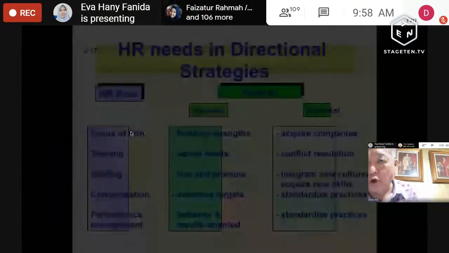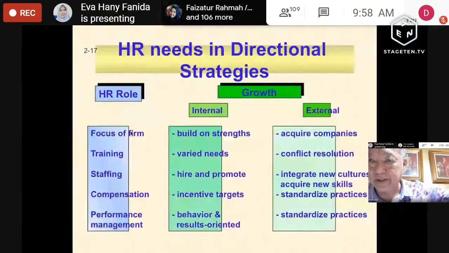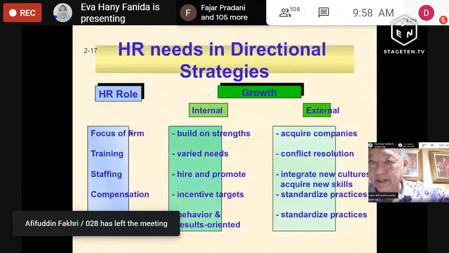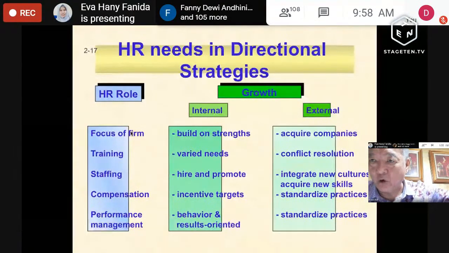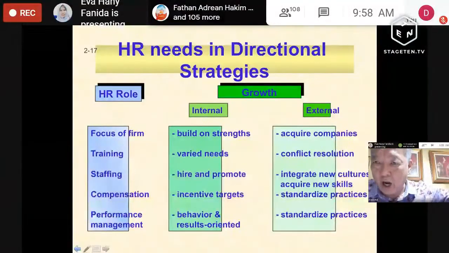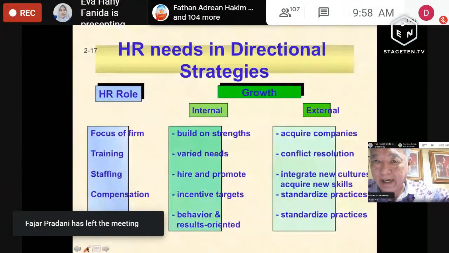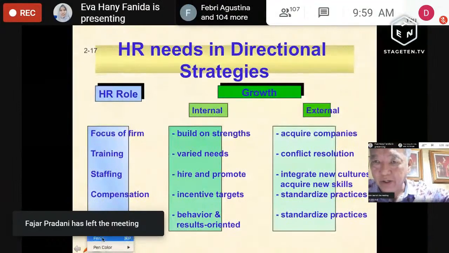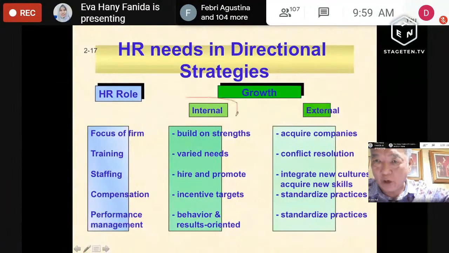Okay. So this is the strategy we use. We use internal growth strategy and external growth strategy. What kind of human needs? As I mentioned: skill, behavior, and culture.